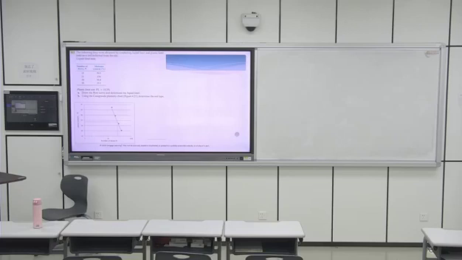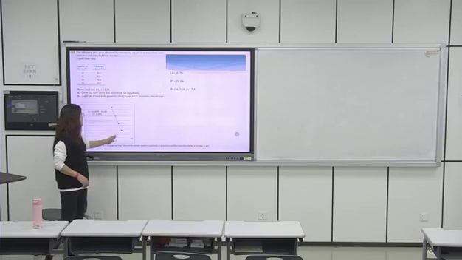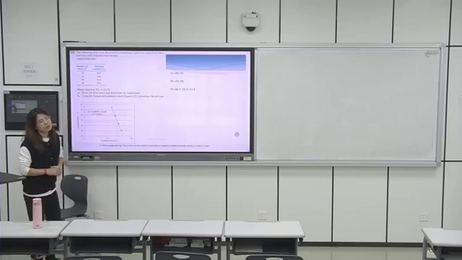And then it asks you to determine the liquid limit. So how do we use the flow curve to determine the liquid limit? We say that the liquid limit actually is the water content corresponding to a number of blows of 25.